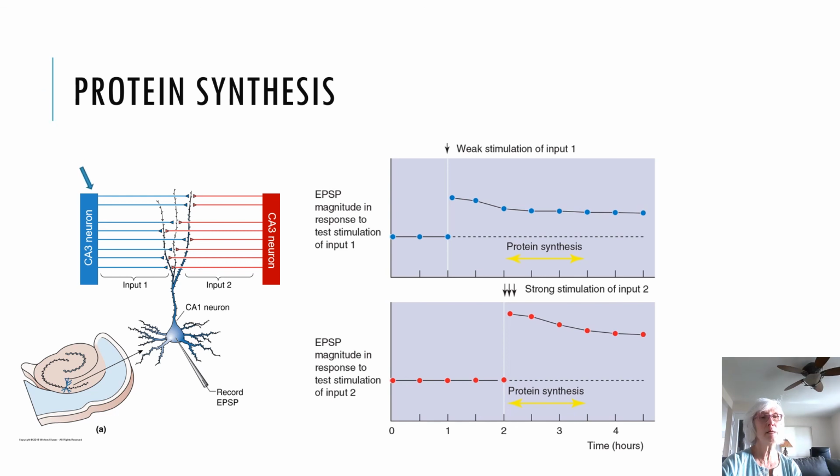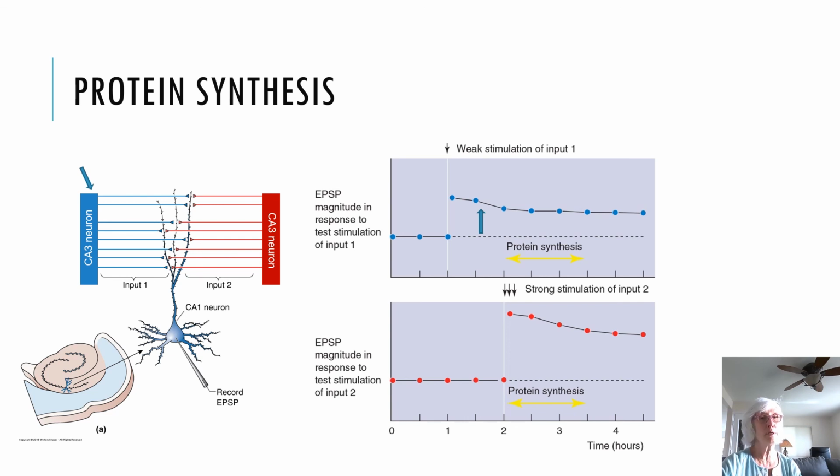So we'll stimulate the CA3 cell, and we're going to produce a long-term potentiation, and that long-term potentiation is going to start to wane after a couple of hours, right? Well, after an hour-ish, it starts to go back down.